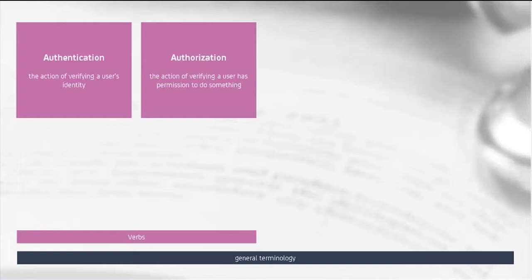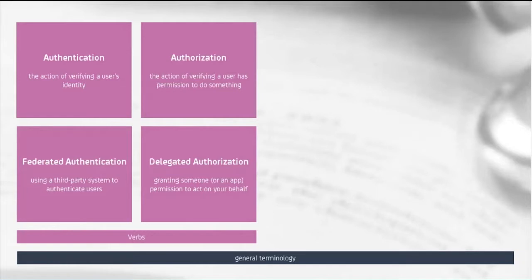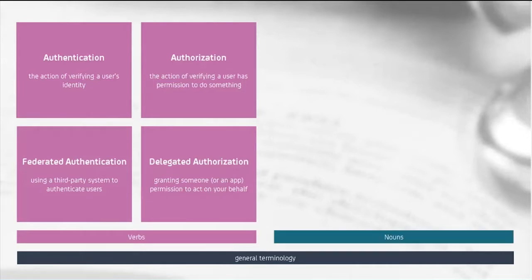So authentication would be: yes, that's you, person XYZ. And authorization is: yes, person XYZ actually has access to perform this action. Then we have federated authentication, using a third-party system to authenticate users, and delegated authentication, which is granting someone the permission to act on your behalf.